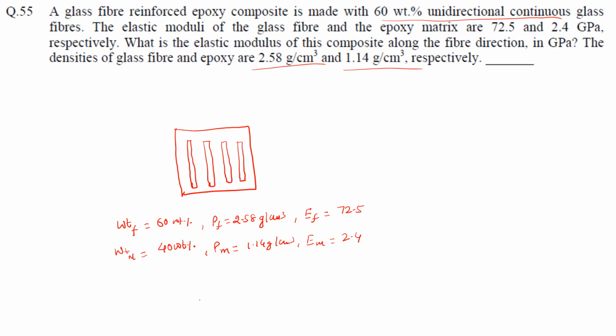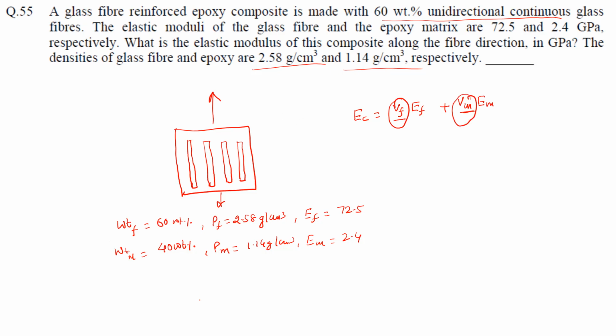Here it has been asked to find the elastic modulus of this composite along the fiber direction, so we have to apply the force in this fiber direction. What is the formula for that? Ec is equal to volume fraction of fiber into elastic modulus of fiber plus volume fraction of matrix into elastic modulus of matrix. So we have to calculate the volume fraction.